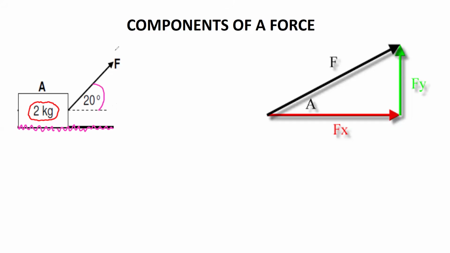In other words, the force F is an inclined force. Please don't make a mistake: what is inclined is the force, not the surface. The surface is horizontal. The force is the one that is inclined.